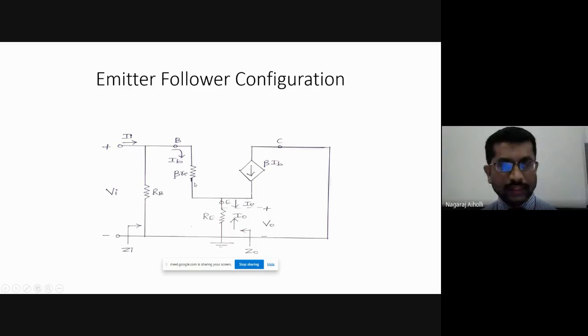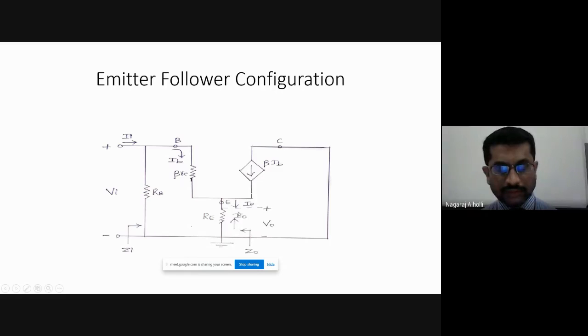Therefore, re is equal to 26 millivolt by IE, and the resistance is shown as beta re, and the current is IB. IC is equal to beta times IB. Both IB and IC are flowing into the transistor, and IE is flowing away from the transistor.